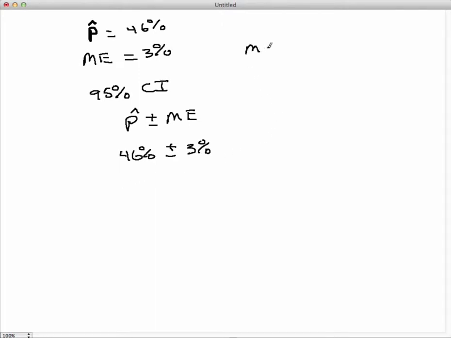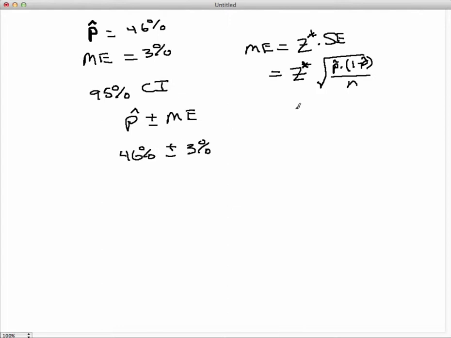Just a quick aside to remind you, we know that the margin of error is equal to what? It's the number of standard deviations, which in the case of the population proportion confidence interval is given by z star times our standard error. And that standard error in the case of proportions is given by the square root of p hat times 1 minus p hat, divided by n, square root of all that. Again, this is just like when we calculated the standard error when working with means.